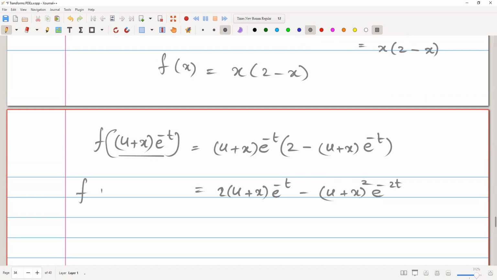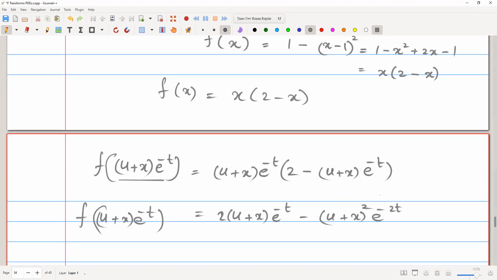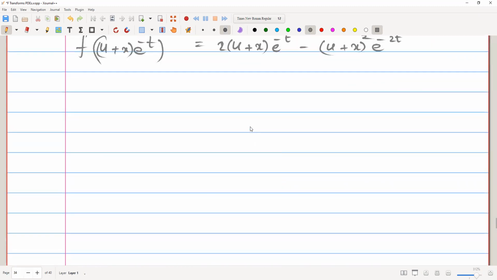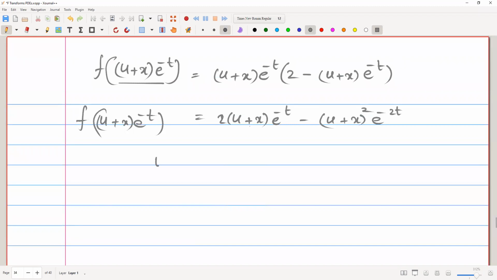Then we can put this here in this equation, let's say it's equation number 1. So it will be u squared minus x squared is equal to this whole thing.